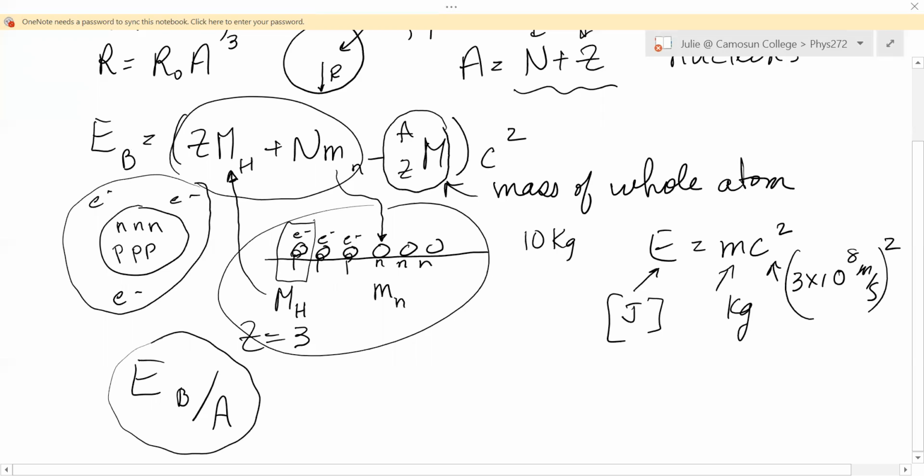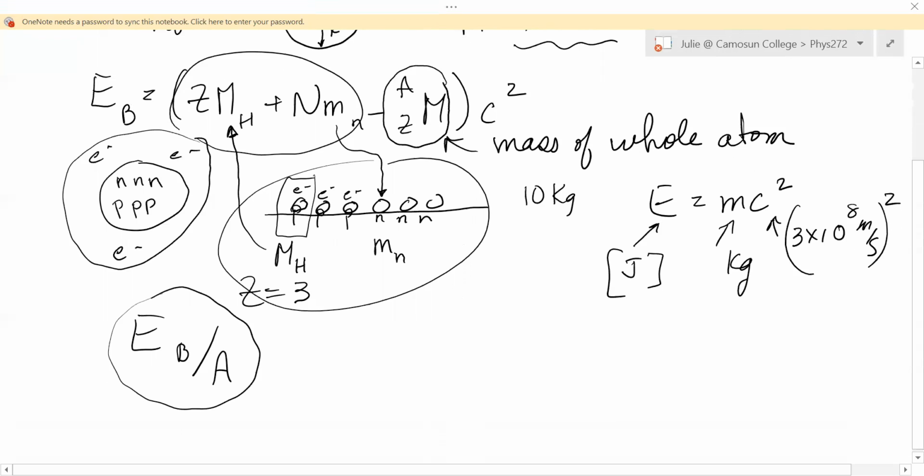So when nuclei change. Now, nuclear reactions don't just go around taking place any old time. It's much more difficult to have a nuclear reaction. Either it's natural because the nucleus decays, or you have to bombard the nucleus with something to get it to do that. Okay, so that's what that formula is about.